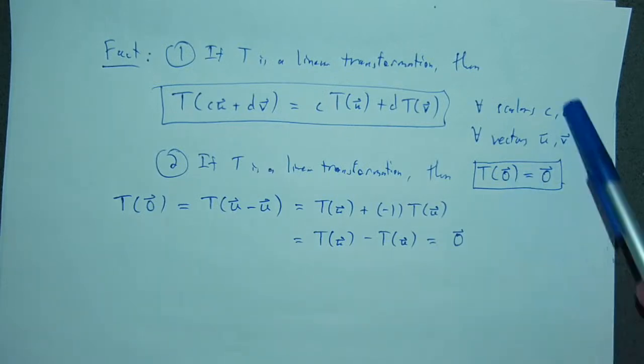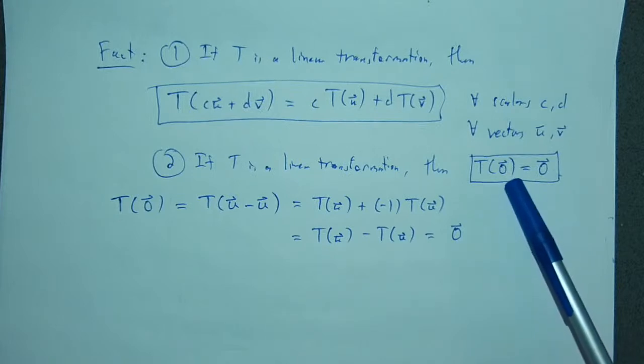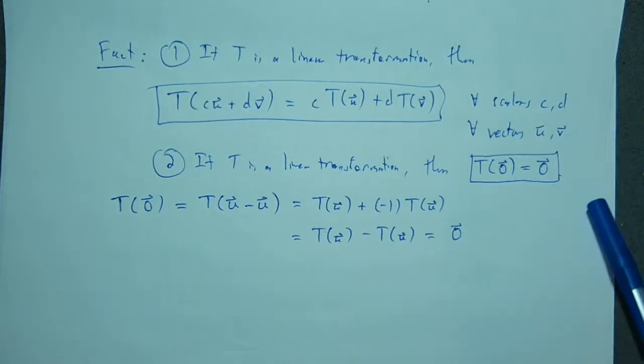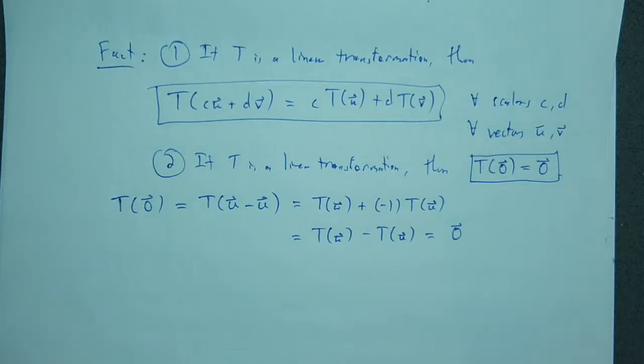So remember, my transformation T could go from R5 to R17. So its input zero vector would be the zero vector that has 5 zeros as entries, and its output would be the zero vector that has 17 zeros as entries. But the point is that I don't care. It's the zero vector in whatever space it's living.